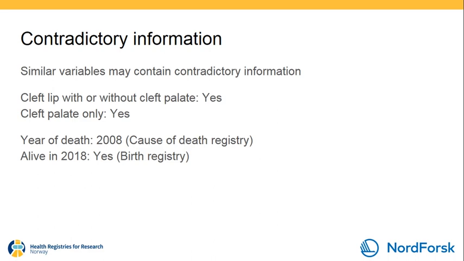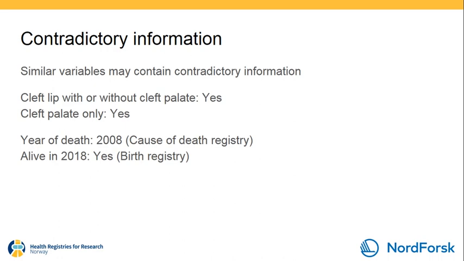They're saying, okay, well, let's just say all of these. So that's at least one possibility. And it happens sometimes. That's if you have contradictory information within one registry, for example, the birth registry.